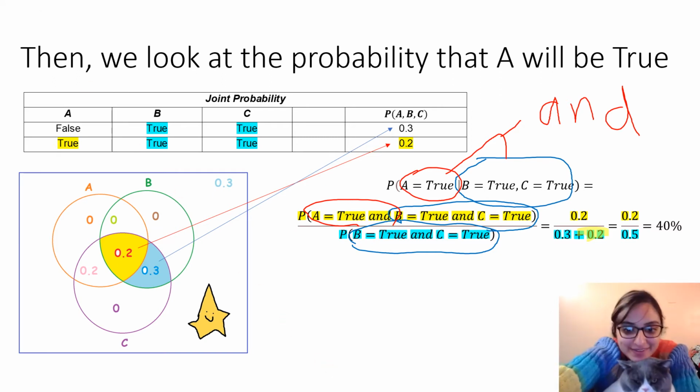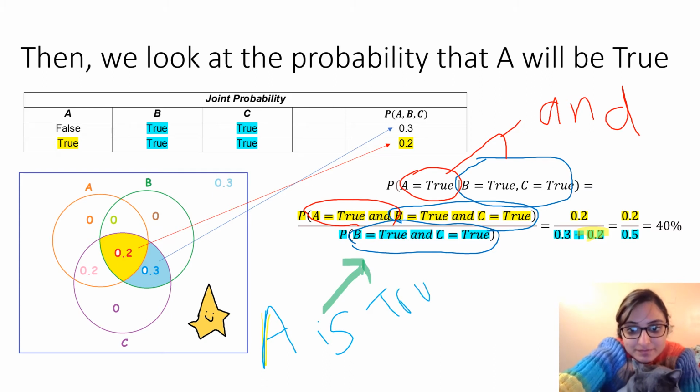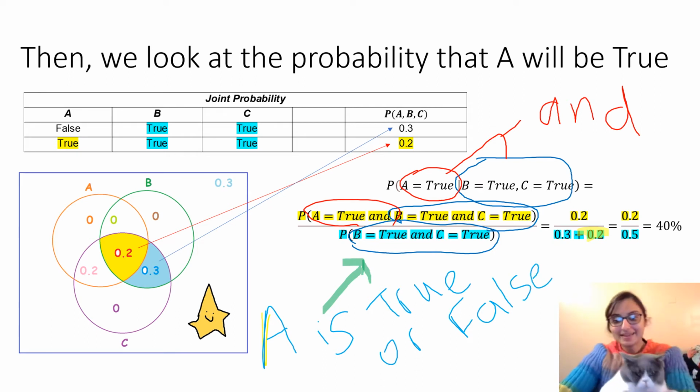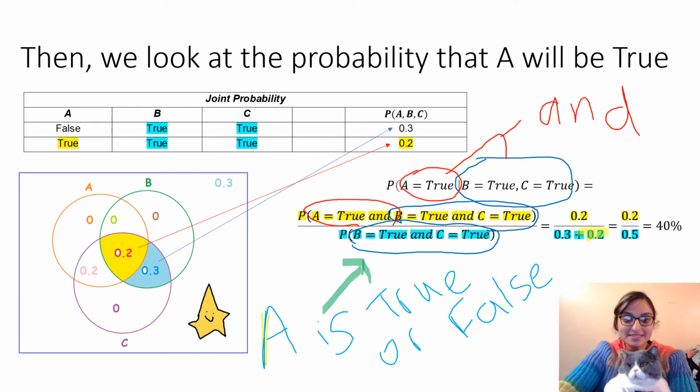So basically for the denominator, A can be either true or false. It doesn't matter. You're considering A is true or false. The only thing that matters to you is actually that B and C are true.